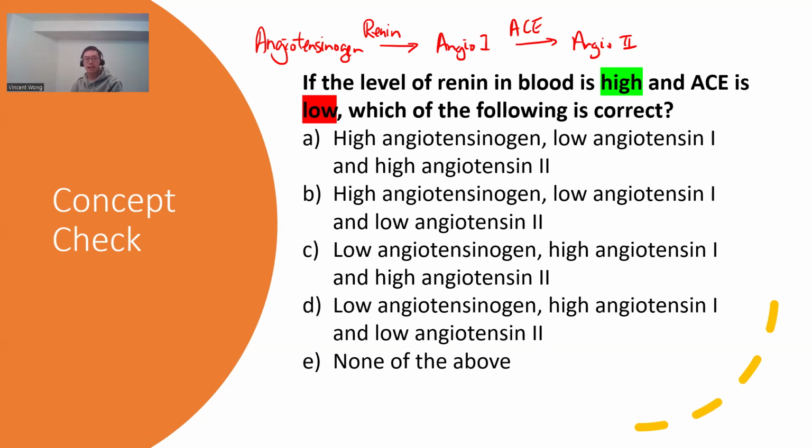So the question is asking, what if you have a lot of renin and not a lot of ACE? What's gonna happen? Right, think about that first. I'm not gonna do the polls. There's only 3 or 4 people doing it. There's no point. You think about it, and I'll explain to you.